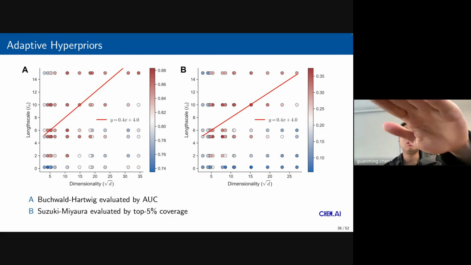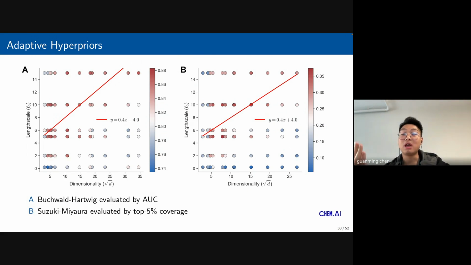But if you go down, we are using other hyperpriors, for example, the adaptive hyperprior in the Baby workflow, that is not well designed for a high dimensional case. So you get a very blue point. So that's why it looks like low dimensionality is good, but actually that is not the conclusion.